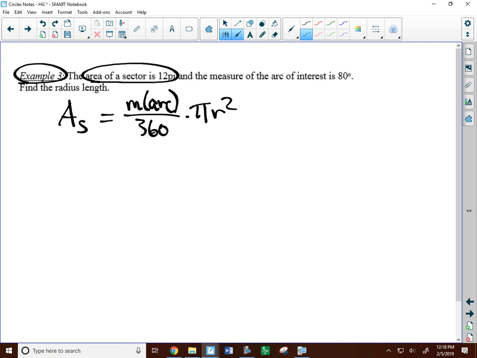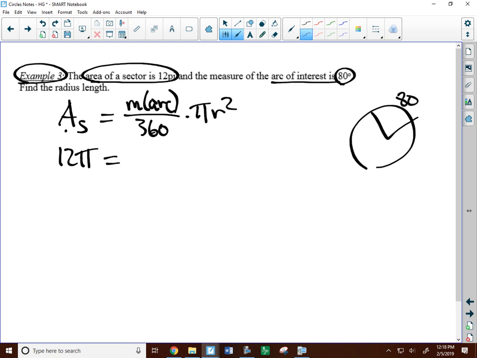Then I'm going to fill in what I know. I know that the area of the sector is 12 pi. Put that in here. The measure of the arc that we're interested in, so like this one, is 80 degrees over 360, and then we need to find the radius. So I'll have to leave it as times pi r squared.